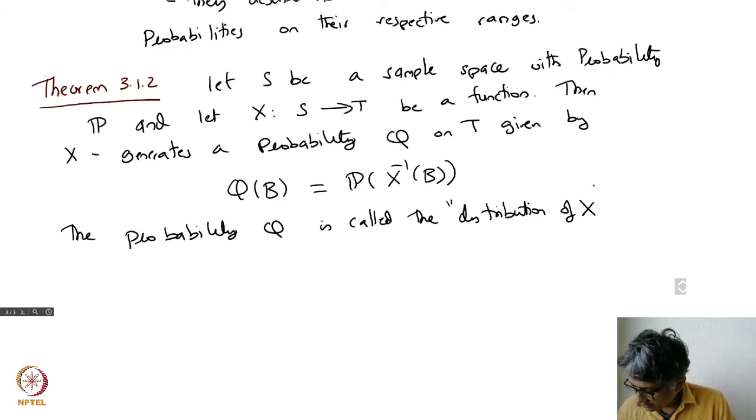So that's how X distributes its values, distributes probabilities onto its range.